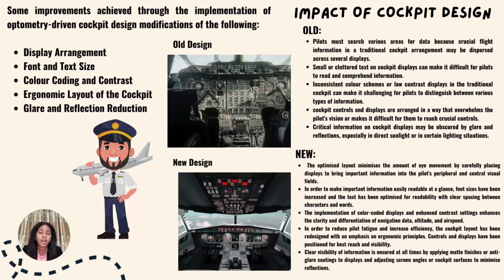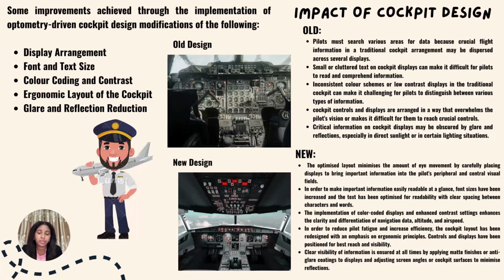So, there are two pictures displayed on the screen. The first picture is a traditional design of a cockpit located in an aircraft, whereas the second one is a new modern design of a cockpit in an aircraft. Here you can see in the new design there are some optometry driven implementations made into this design.